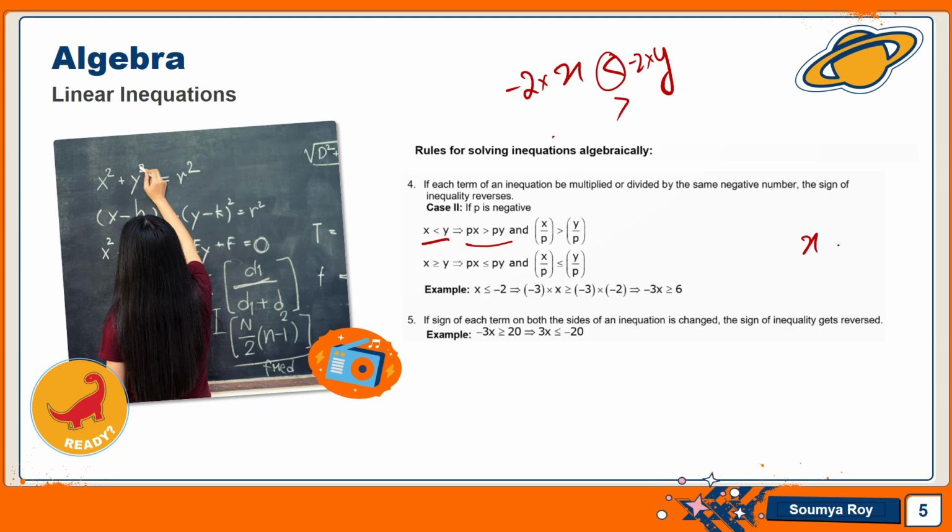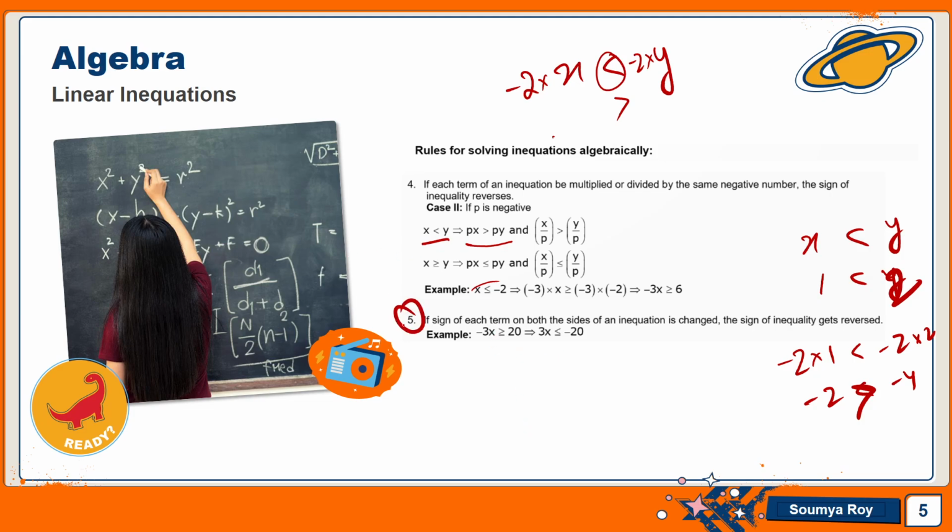Like 1 less than 2. Now suppose I multiply minus 2 with 1 and minus 2 with 2. Minus 2 is obviously not less than minus 4, it is greater than. Simply, the sign will reverse.